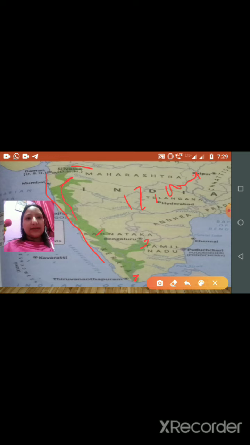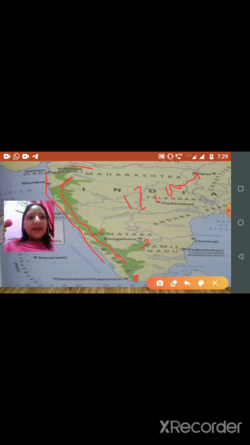The Palghat Gap is one of the important passes on these Western Ghats, which lies between the Nilgiri Hills and the Annamalai Hills, to the south of Anamudi. Anamudi, in the Annamalai Hills, is the highest peak of the Western Ghats.